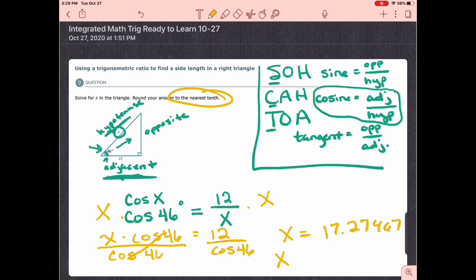So x is going to be about equal to 17.3. I rounded that 2 up because that 7 is bigger than 5. So that's how we do those.